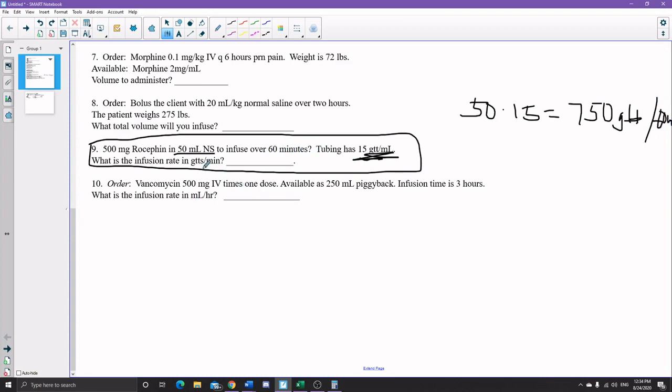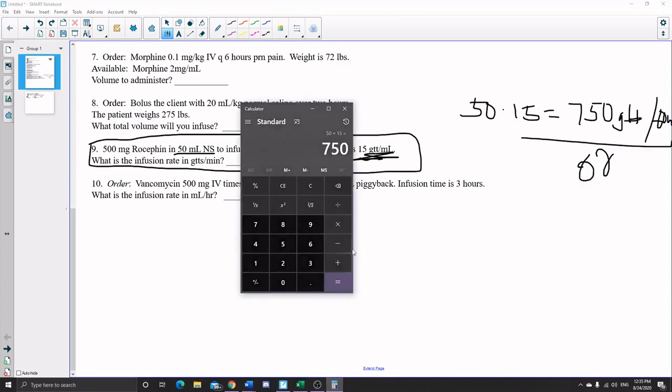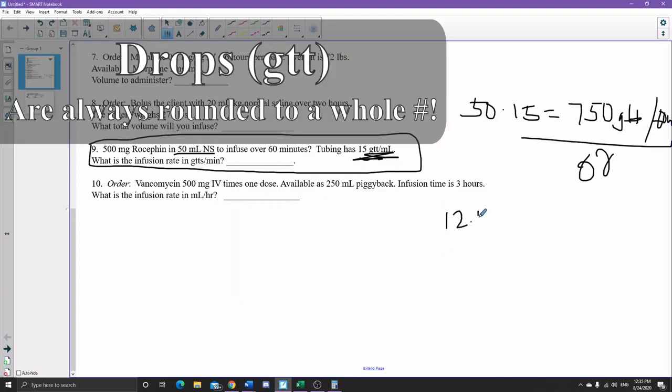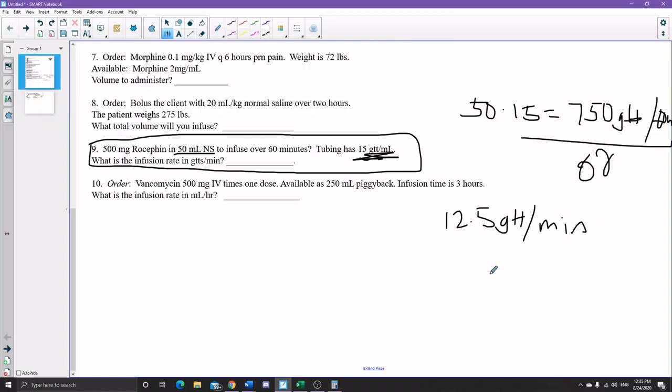So how do we get that to minutes? That's the easy part. We just divide that by 60 to make it from 1 hour to minutes, right? So we just divide that by 60. And that equals 12.5 GTT per minute, which is actually pretty fast.